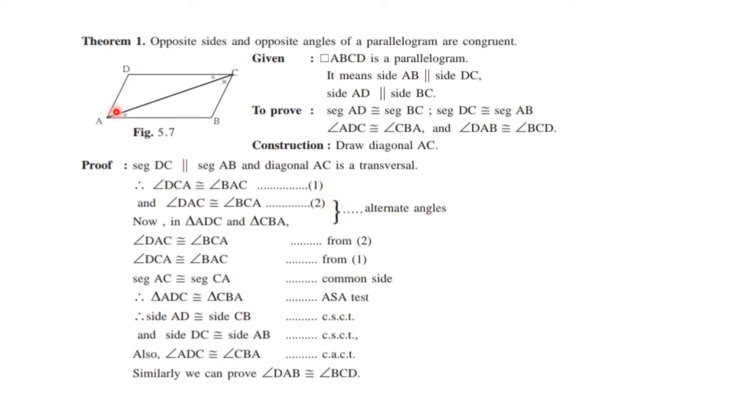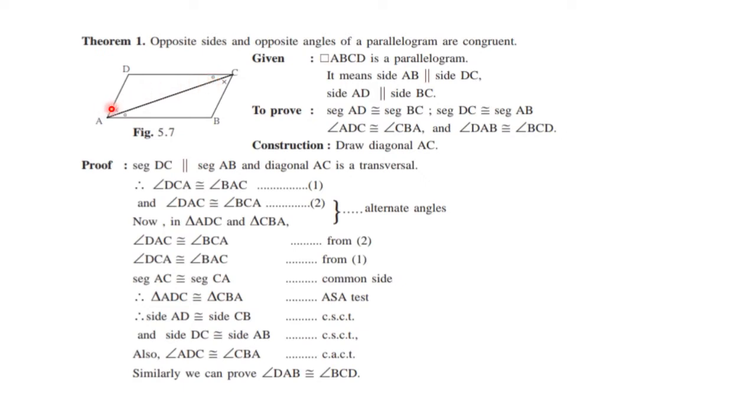Okay, now take these two triangles, ADC and CBA. Just now we proved that angle DAC is congruent to angle BCA and angle DCA is congruent to angle BAC. Okay, and this is a common side. Segment AC is congruent to segment CA, common side. So both triangles are congruent by the angle side angle test.